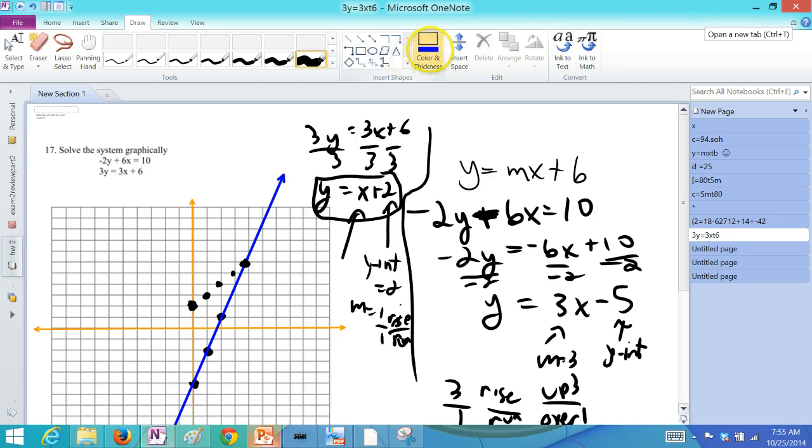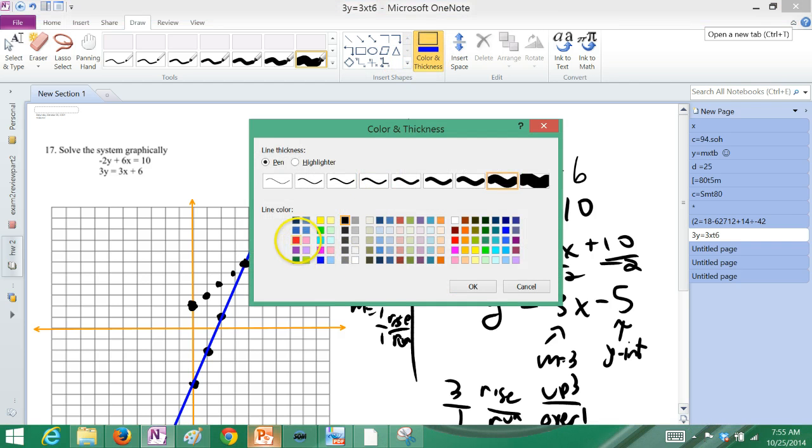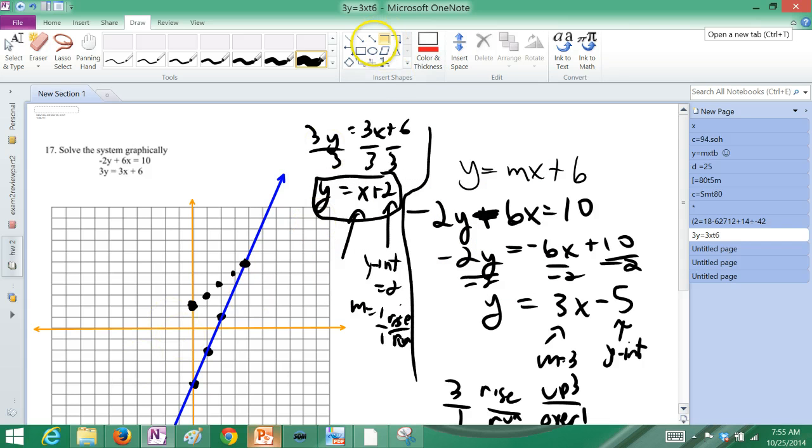Change colors. Okay, and we graph this line. We're interested in where they intersect.